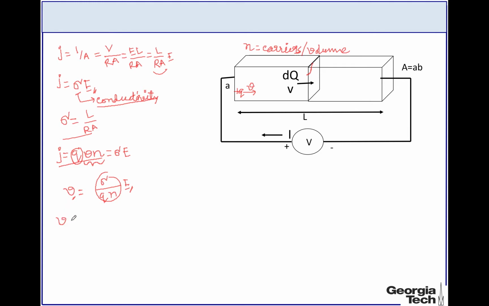So we write V equals mu E, and here mu is called the mobility of the charge carriers, and this is a very important relationship that is used in semiconductor physics a lot.